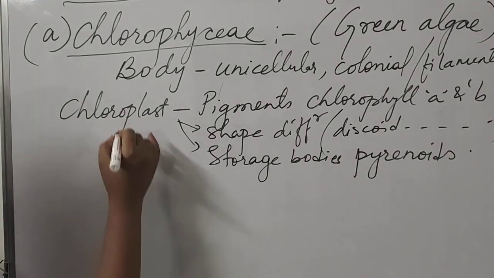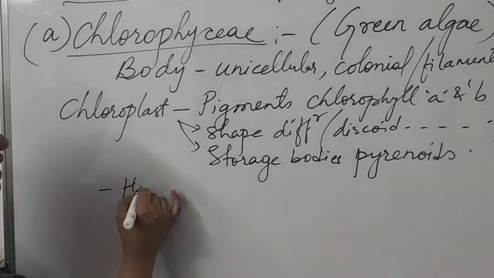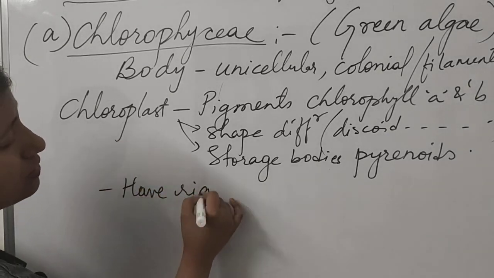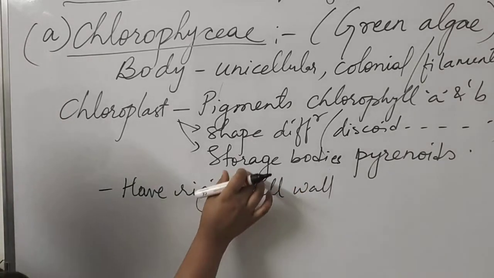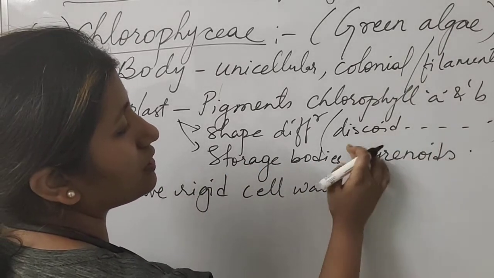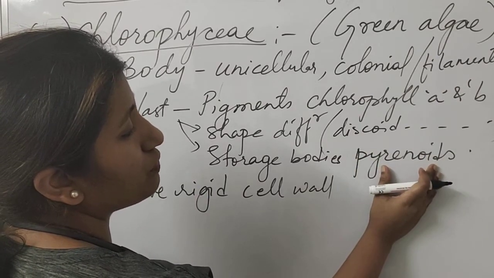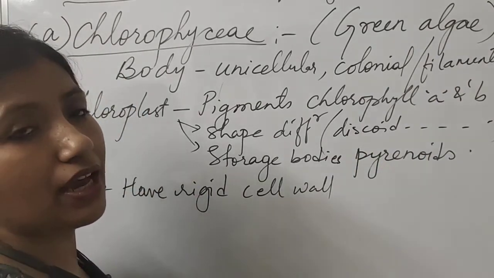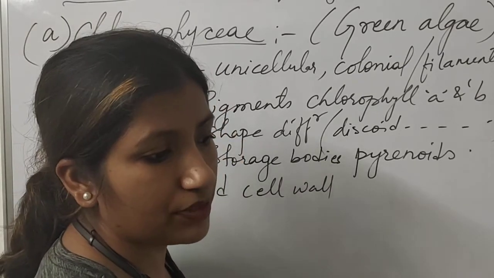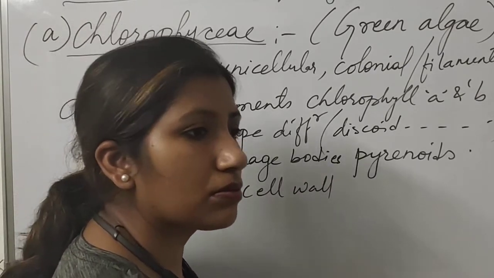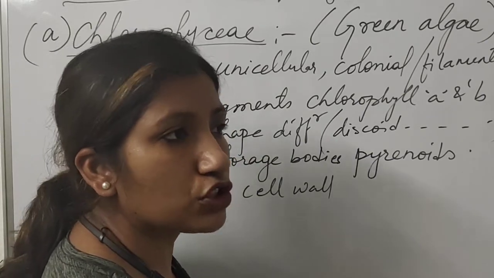Chlorophyceae have a rigid cell wall. Rigid means very tough. Storage body means stored food. Like we have food in our body in the form of glycogen, plants also have stored food.